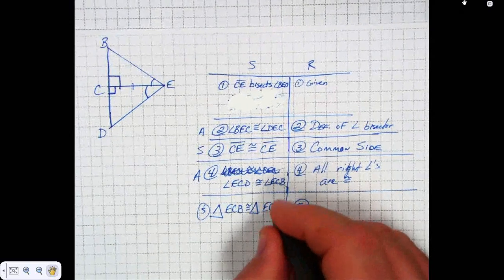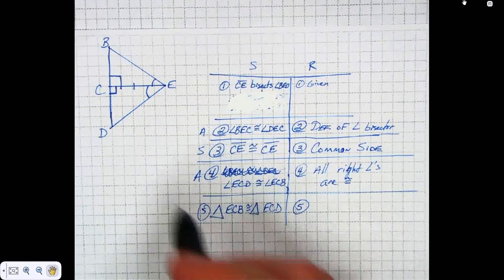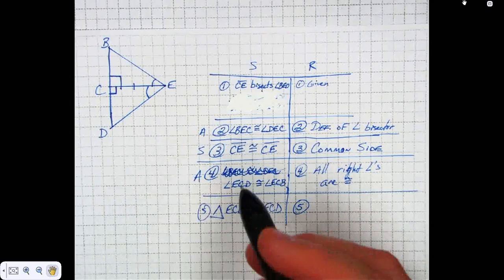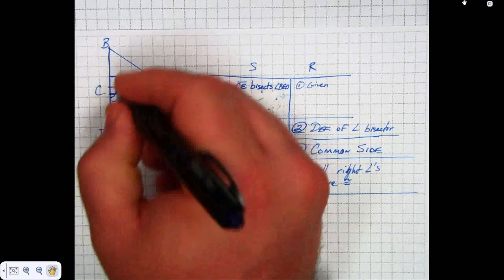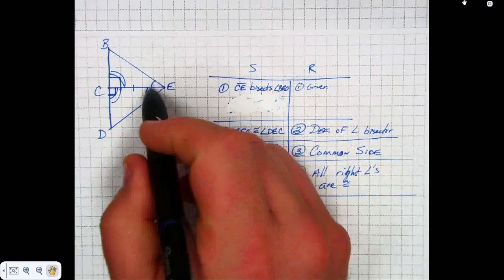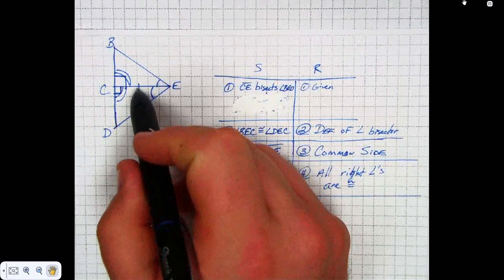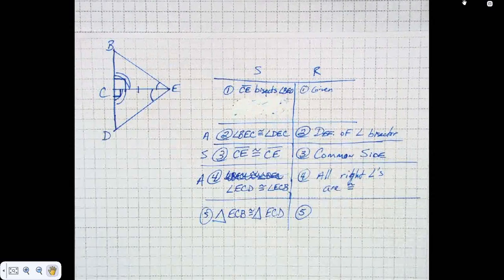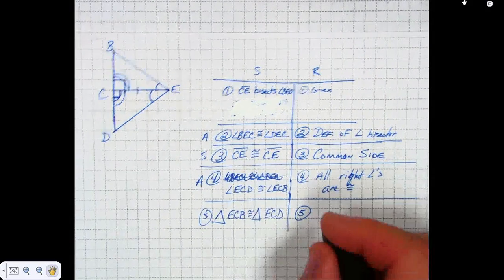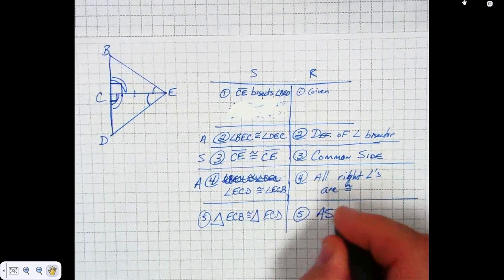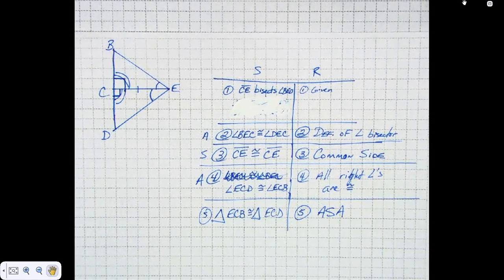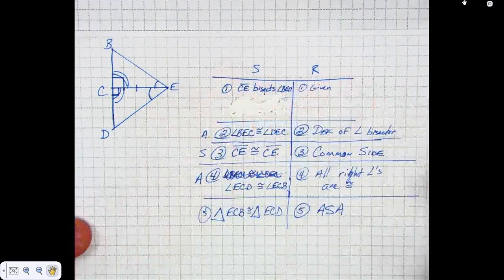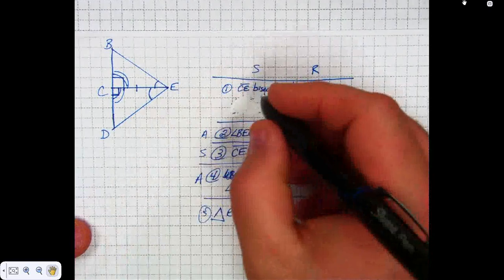ECD. The question is angle side angle or angle angle side? Well, angle side angle. All you gotta do is check whether that common side is in between the two angles or outside the angles. It's in between, so it makes it angle side angle. So in a way, that's not so bad, is it?